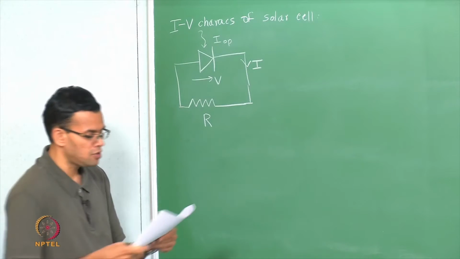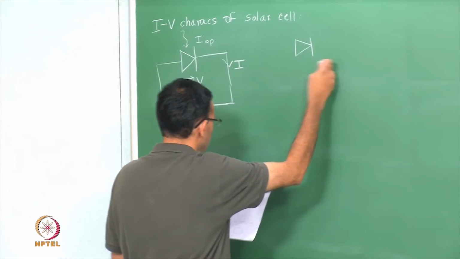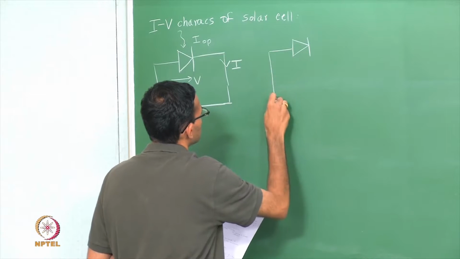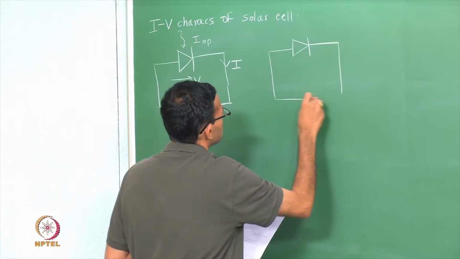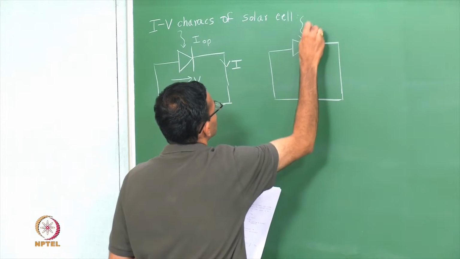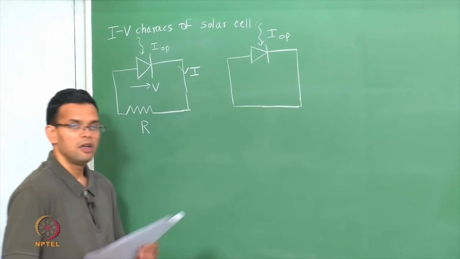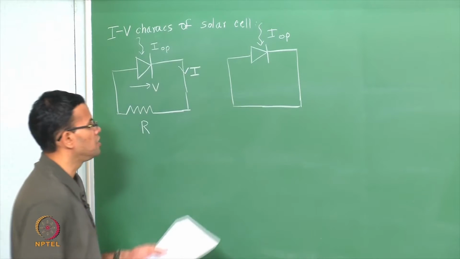Now, in the absence of a load, where the resistor is 0, we saw that when you shine light you have a photocurrent that is generated.